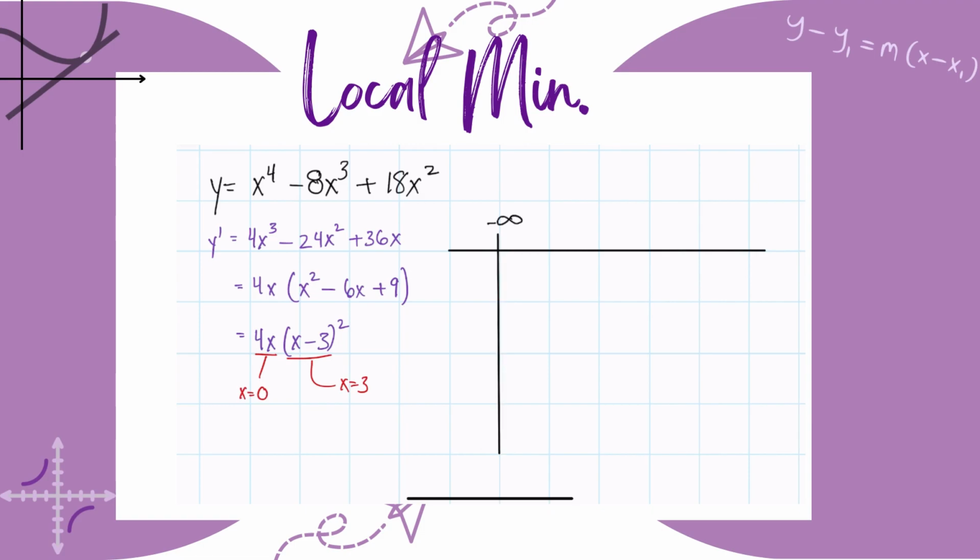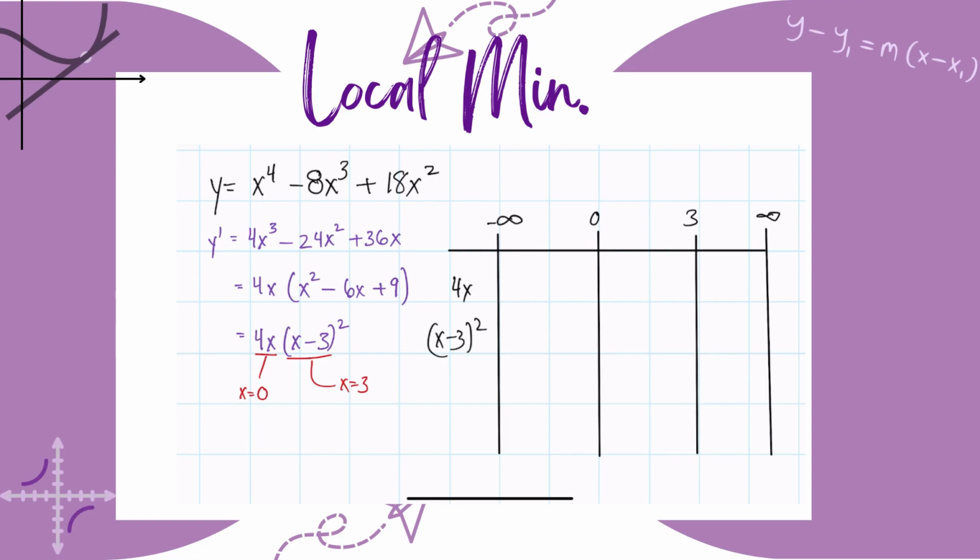So we have negative infinity, we have 0, and we have positive 3, positive infinity. I'm going to put 4x here, x minus 3 squared here, and lastly f prime x over here.